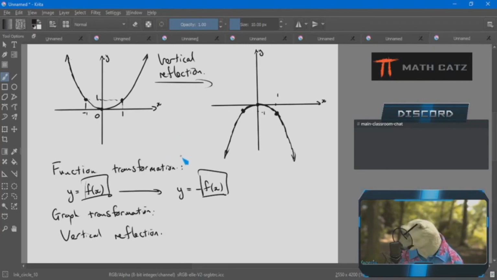What I would suggest you do is take a page and summarize these transformations like this, like we did here. See them all written out. See the big picture of all the transformations we have available to us so far.